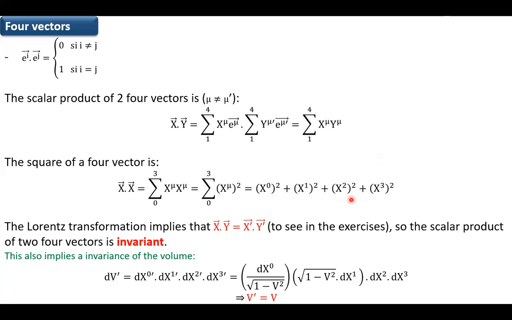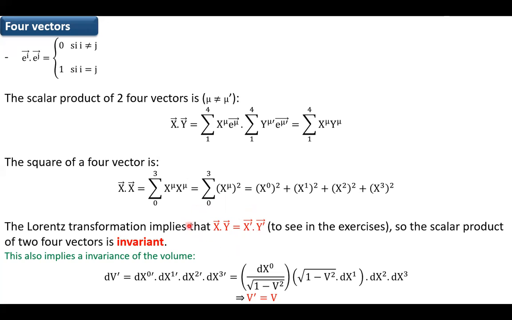And if you put it in the Lorentz transformation, you will see that the scalar product is invariant. x times y is equal to x prime times y prime. We will see this in an exercise. So when we do exercises, we will calculate the scalar product of two 4-vectors.